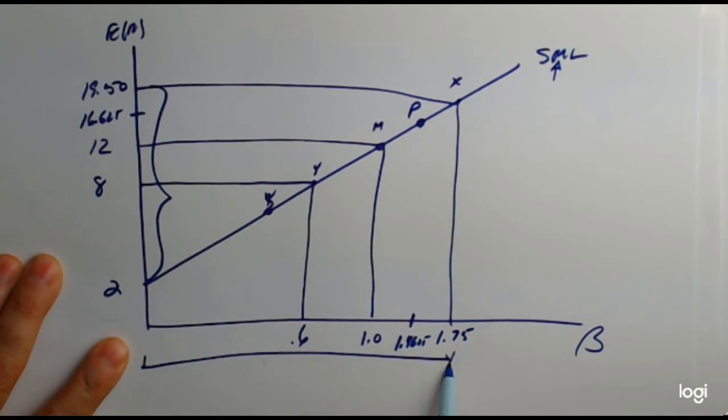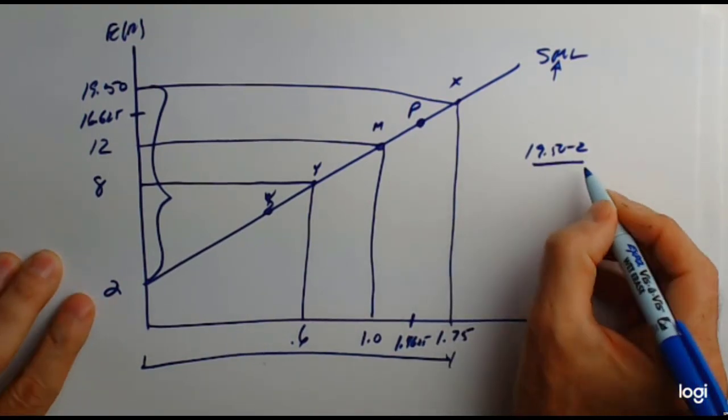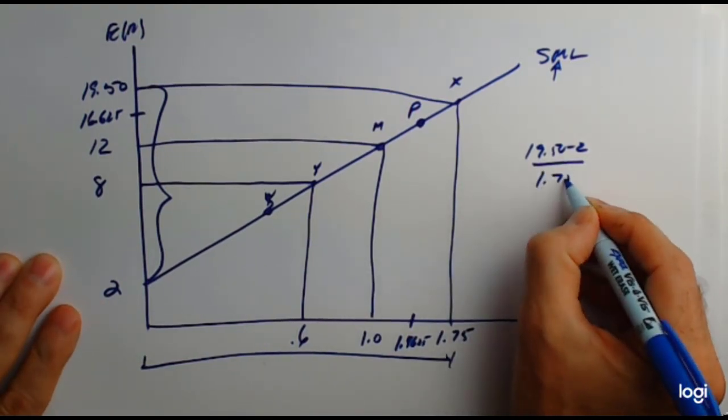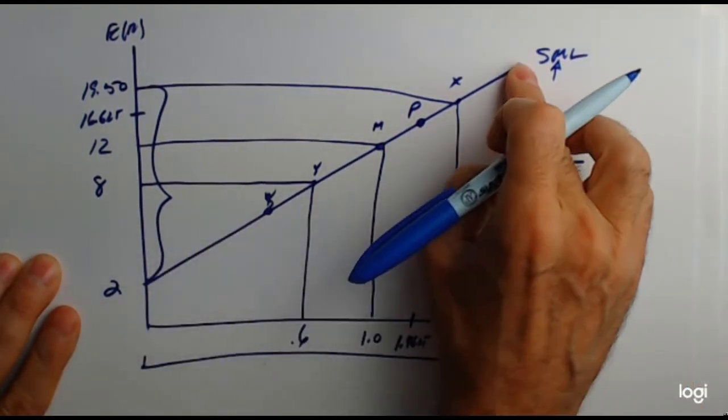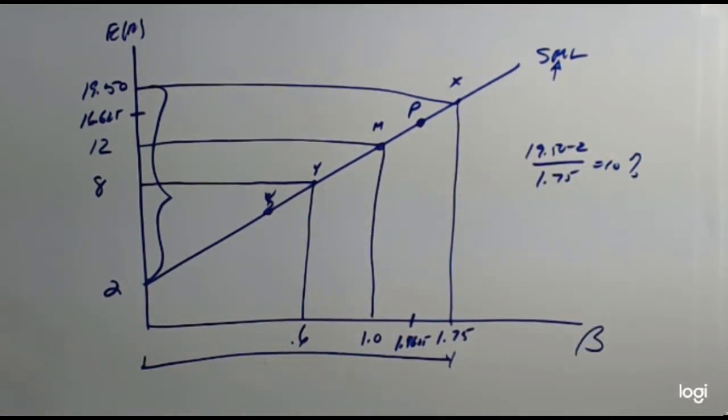So it's the rise over the run: 19.5 minus 2 divided by 1.75 is 10. That's the slope. Put it in percent there. And there you have it. Everything lines up. The market's in equilibrium. No stock is any better than any other stock at this point. And this video is finished.